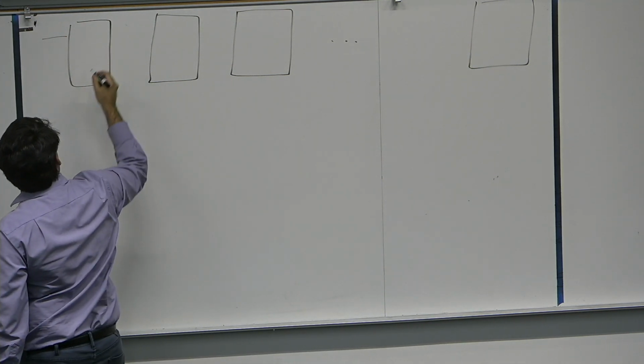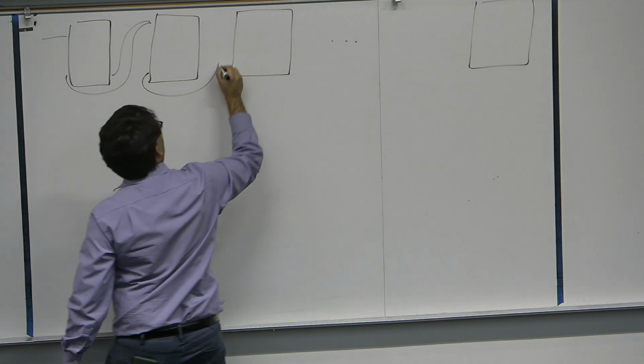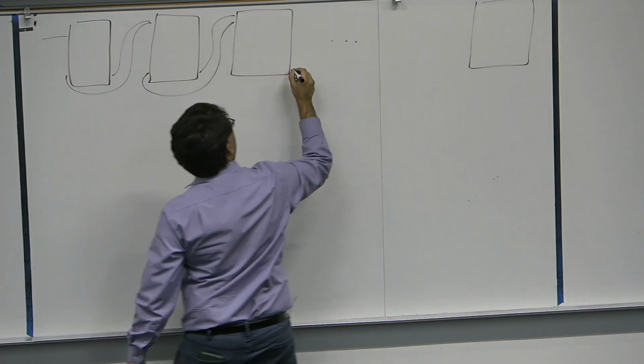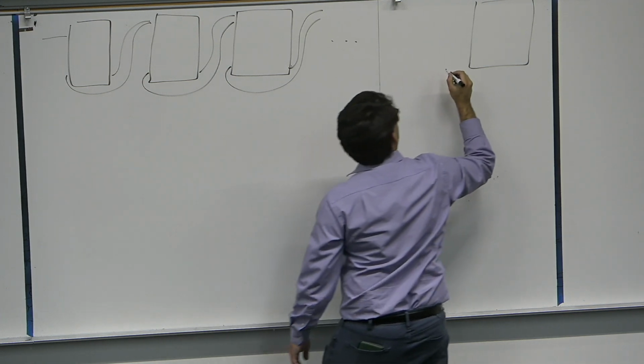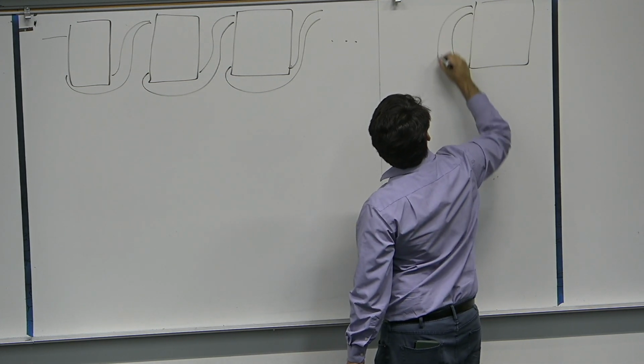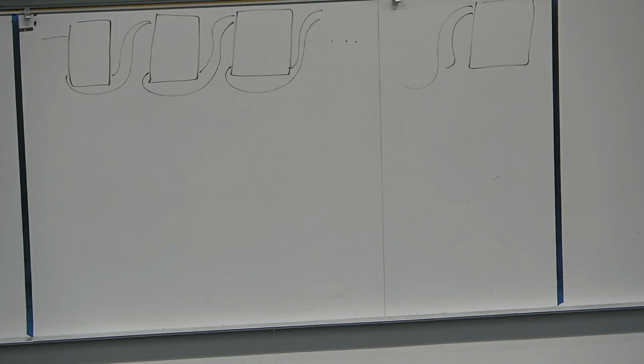Here he goes into the first one, and then we wire these up appropriately. Something like this. Would you agree that if we have n sublevels like this, in order to get to the last one, he has to go through the first n minus 1 of them? So he chooses an assignment.